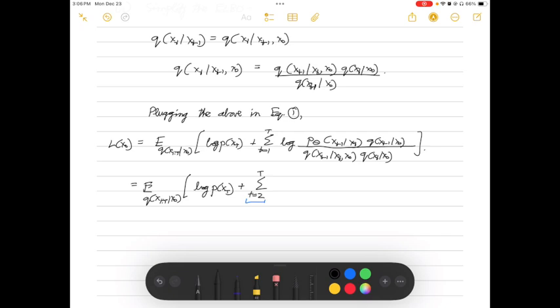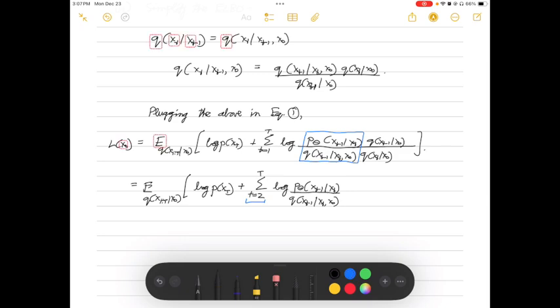And here we can see that the first term becomes log p theta of xt minus 1 given xt divided by q of xt minus 1 given xt and x naught. That means taking these two terms together and grouping them in the log.